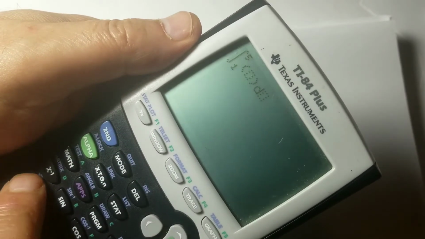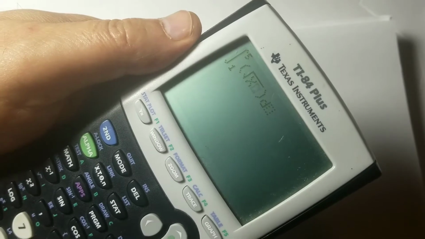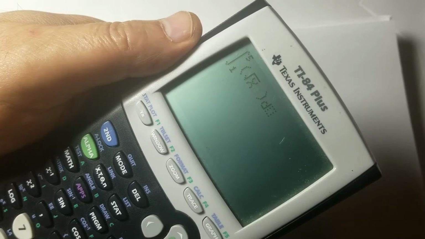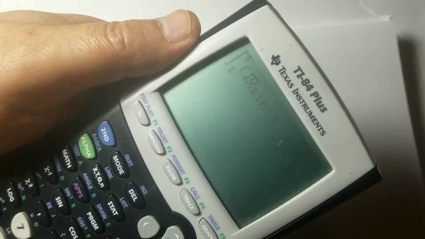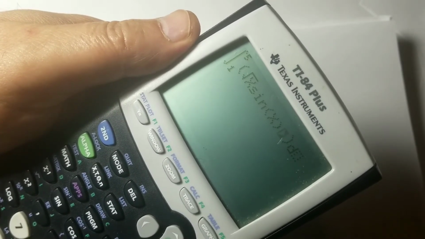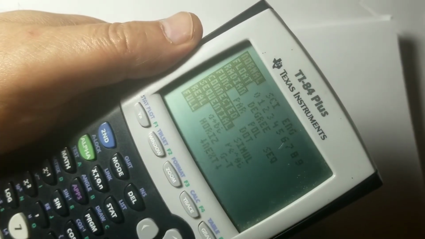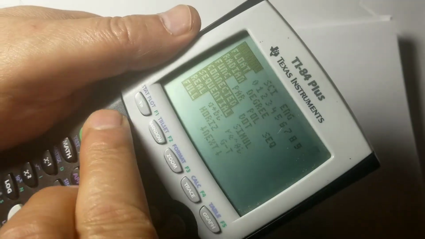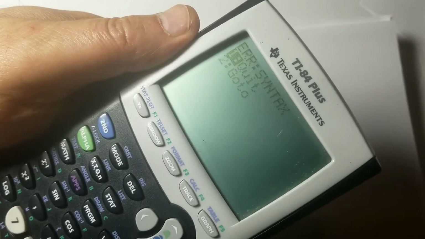My function is the square root of x sine of x, close parenthesis. Because I have a trig function and 1 and 5 are real numbers, I want to make sure my mode is in radian mode, which it is. Then I'm going to press enter.